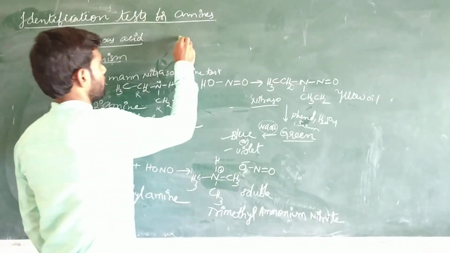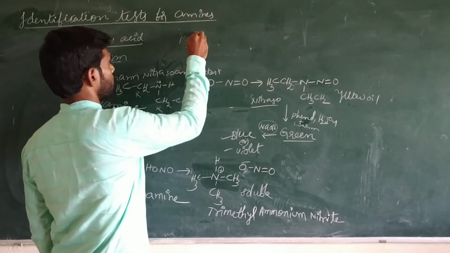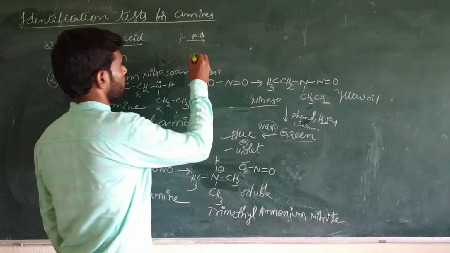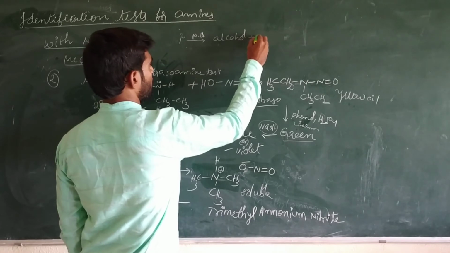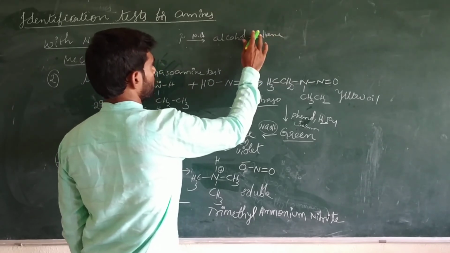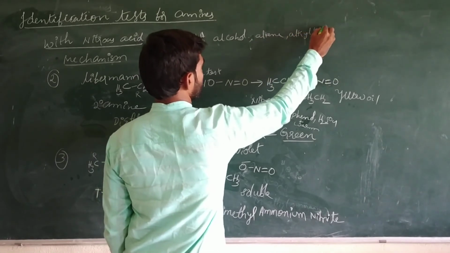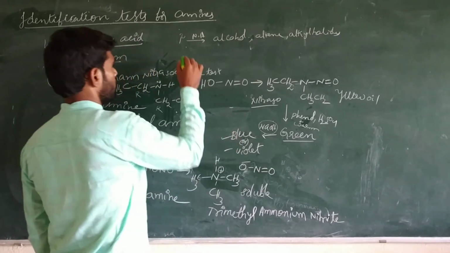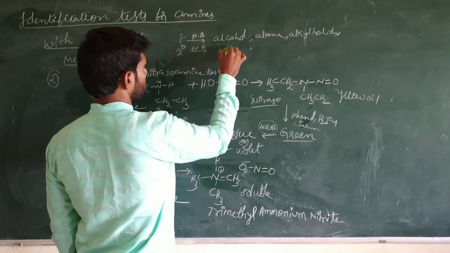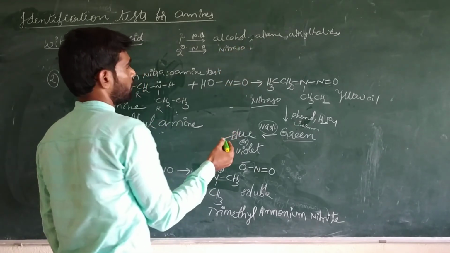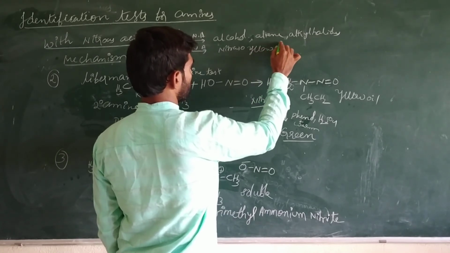So when primary amines react with nitrous acid, they produce alcohols, alkenes or alkyl halides. When secondary amines react with nitrous acid, formation of a nitroso compound takes place, yellow in color, a yellow oily layer.